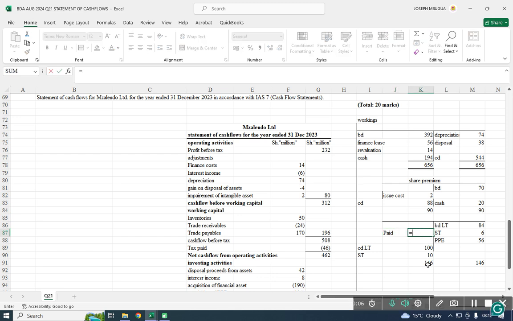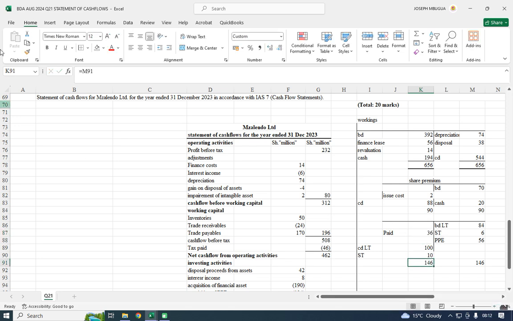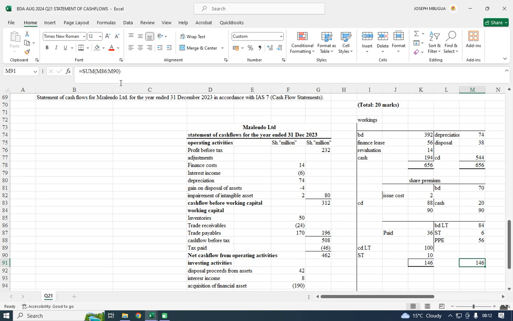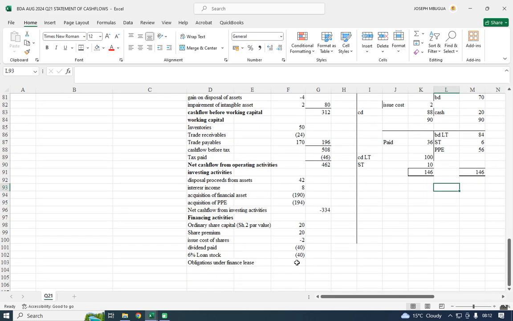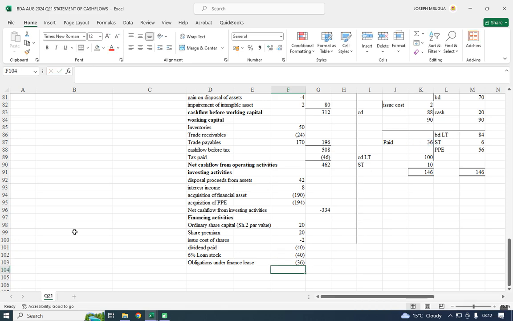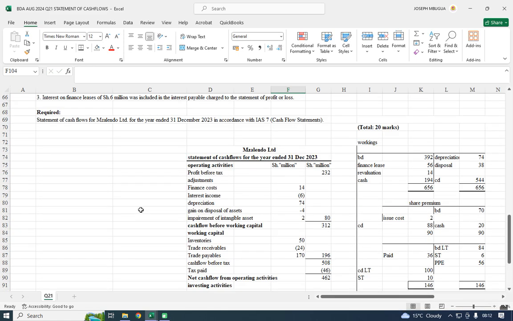We take this, we minus the 2, so we repaid 36. We repaid 36 over our finance lease. So here, the negative, this 36 that we paid, is the obligation under finance lease.